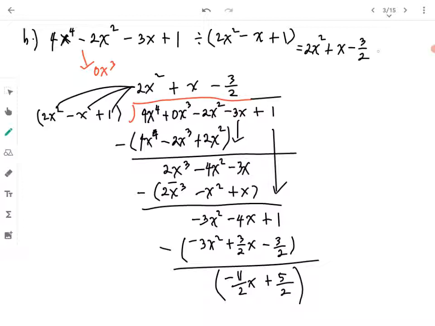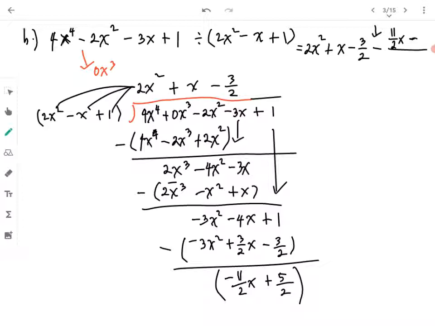Then this is negative, so it's a minus. Then I'll say 11 over 2 x minus. Why minus? Because when I distribute the negative in this portion, that gives me positive.